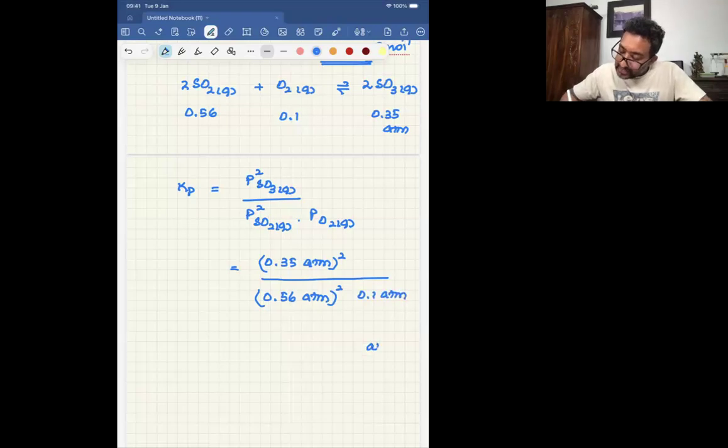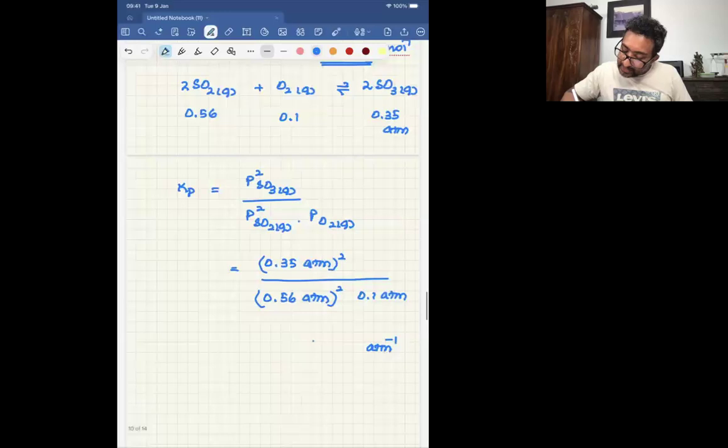You get the unit as atm to the power minus 1. What is the value? 0.35 squared divided by 0.56 squared divided by 0.1. That is 3.9 per atm.